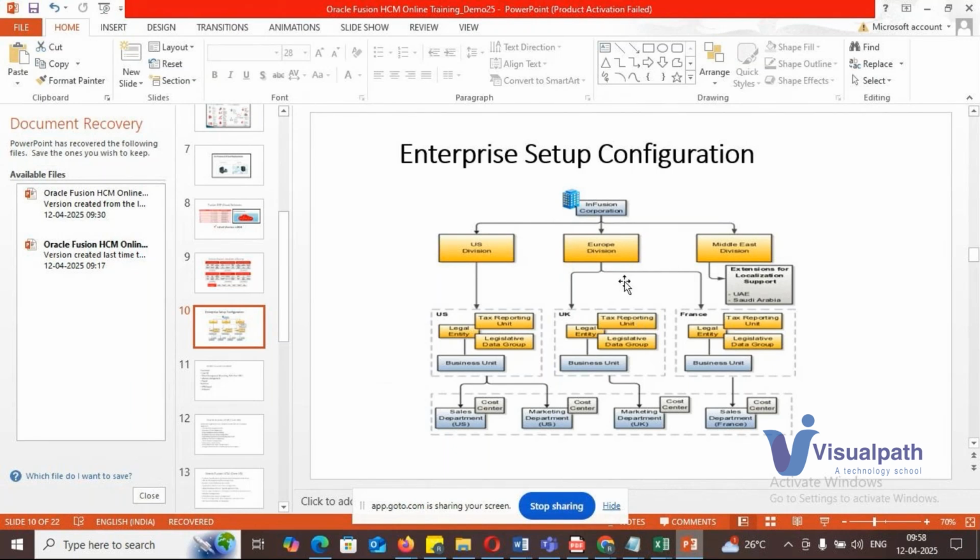Here you will see the real-time scenario of how to do the system configuration, starting with the enterprise setup configuration. There will be the country, such as the US, and divisions and all. How we categorize the divisions, enterprise, legal entity, business unit; there are a lot of functions in enterprise setup configuration. We'll cover that in the regular sessions with real-time scenarios.